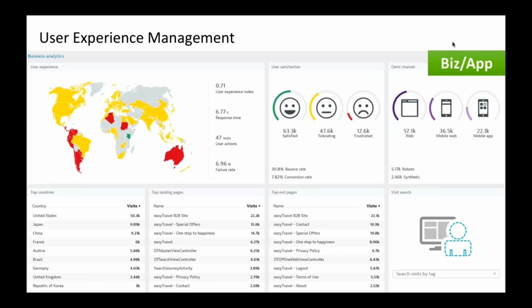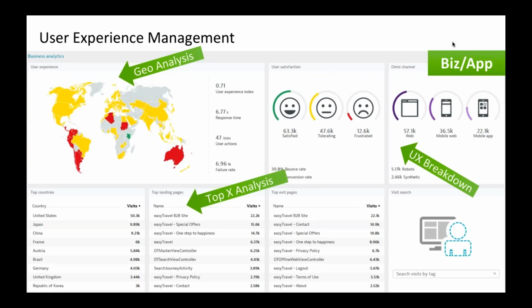The agent-based technology allows you to get deeper insight into that. So geolocation, what kind of devices the users are using, and also the top X analysis so that you can find out the top pages, top exit pages, and also lastly you should be able to identify and search by a single user.